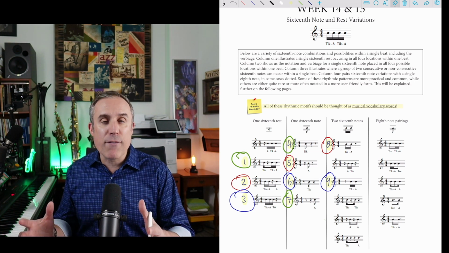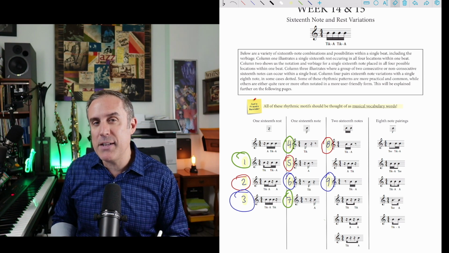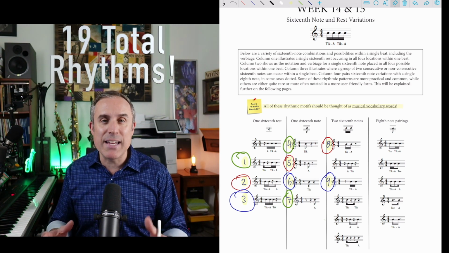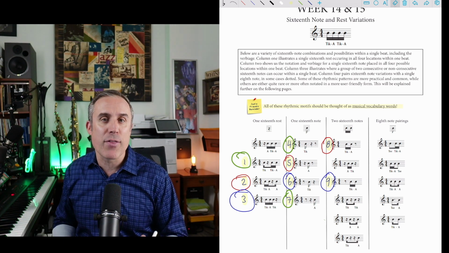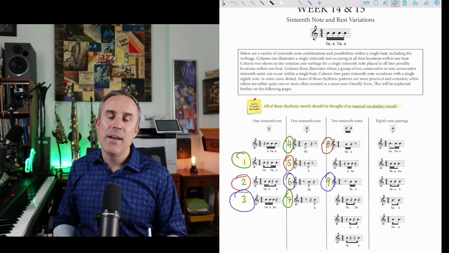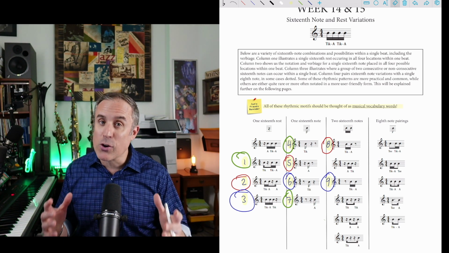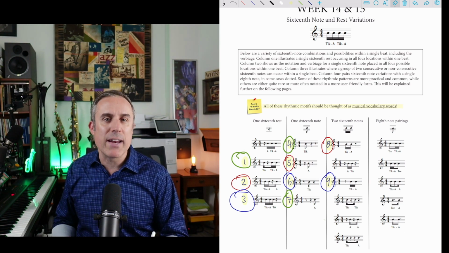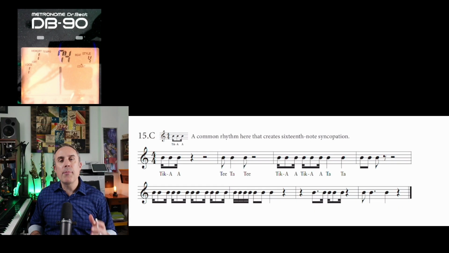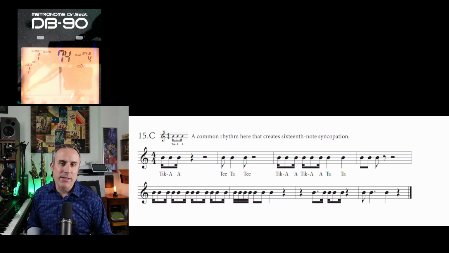If we take week 14's patterns plus week 15's patterns, there are 19 one-beat musical sight words that incorporate 16th note rhythms. Kinda cool. Now that we've gone over these in great detail, it's time to do some more practice. Let's go find an exercise. I'm going to be going over exercises 15C and 15E in today's video.